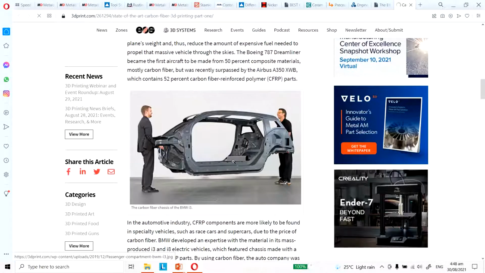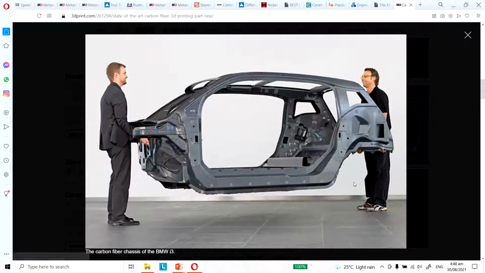Right here it shows a carbon fiber chassis. Imagine if this were made of metal, it would be very heavy. But carbon fiber is lightweight, and of course it can also retain the strength.